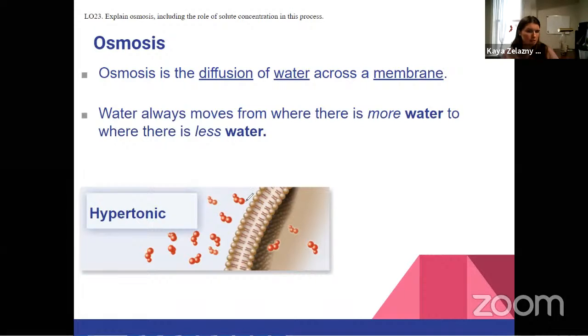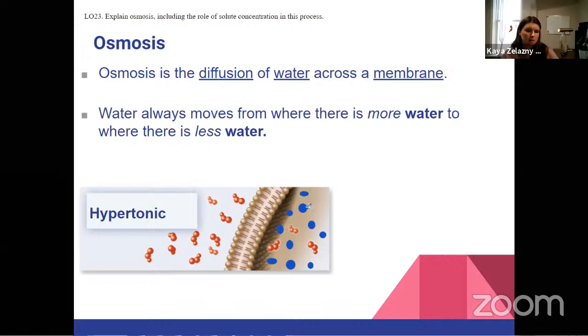These are molecules, they take up room, they're physical, they exist in the world. So we're going to think about water as filling in the room that the solutes are not occupying. So think of each of these blue dots as a water molecule.